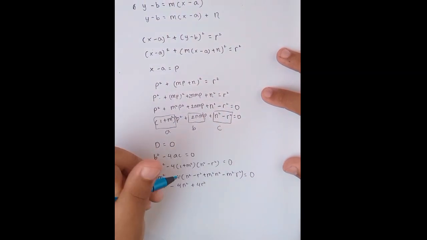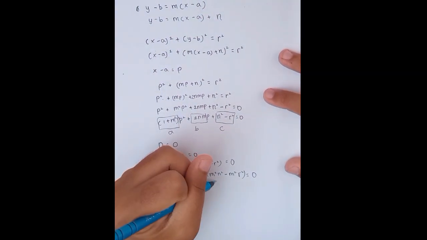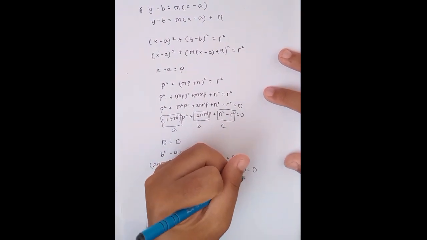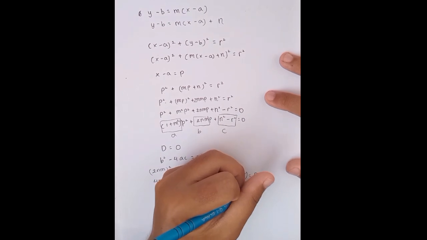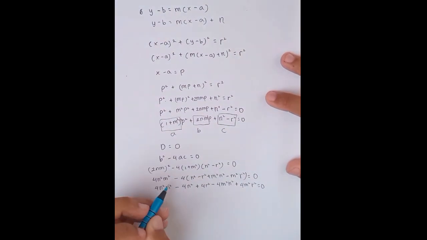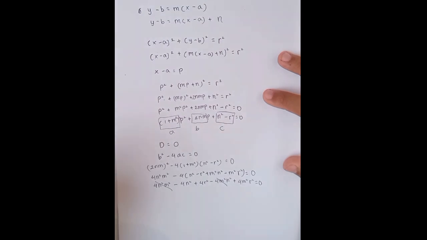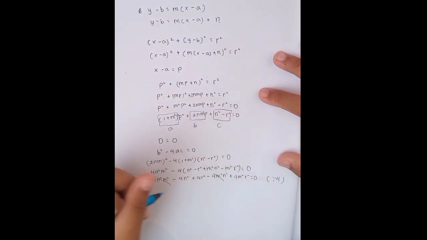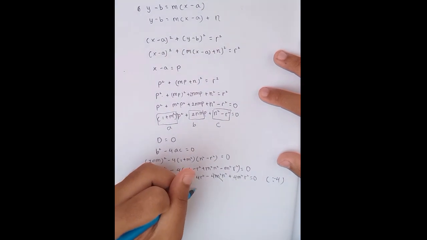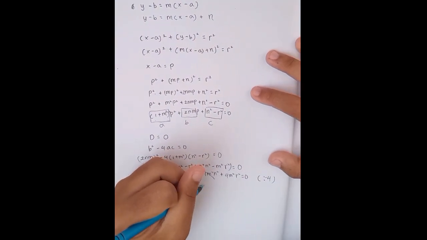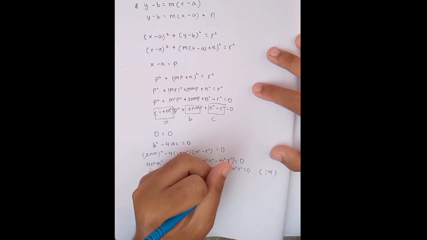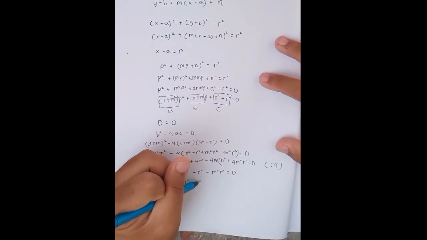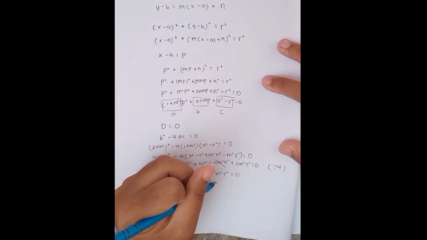Multiply minus 4 into the bracket, so that 4m squared n squared minus 4n squared minus 4m squared n squared is 0. Then divide what is left by 4, so that n squared minus r squared minus m squared r squared equals 0.